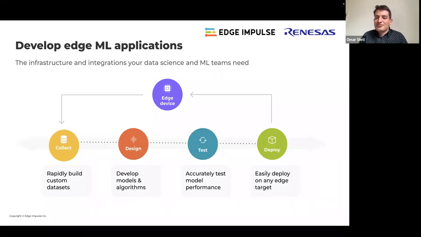Then after training the model, we do the testing, which is evaluating the performance of the model with the testing sets to be sure that the model has the highest performance. And eventually we deploy the model back to the edge devices. And also from the edge devices, we can evaluate the performance, and we can recollect a data set and push it back to the edge environment.